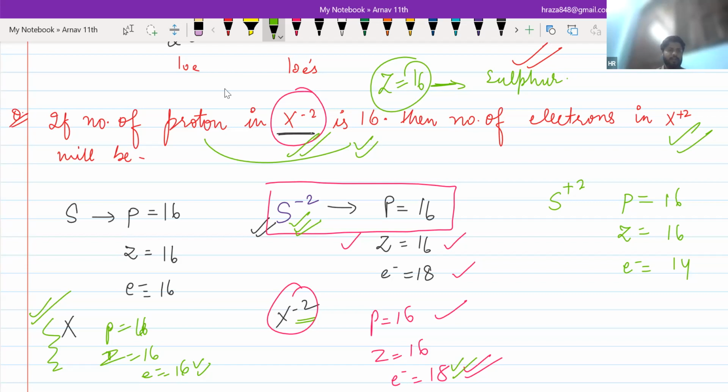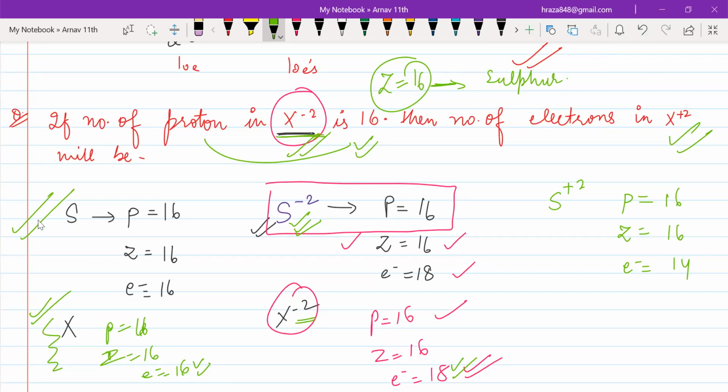Are you getting my point? You told me all the correct answers in terms of sulfur, but you didn't tell me the correct answer for any element X minus 2. Okay, sir. Got it or not? Yes. Okay, please write it.